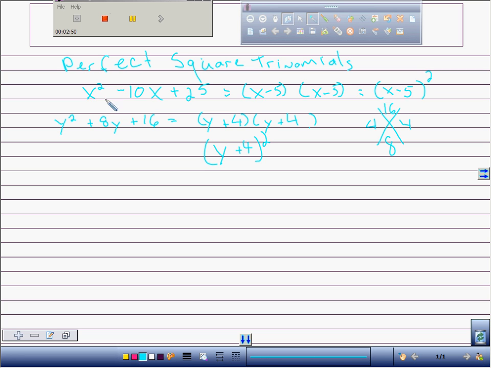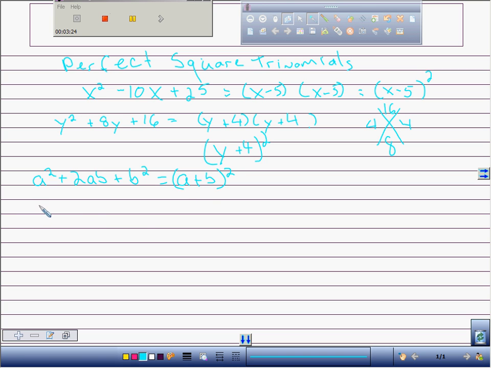Okay? So, in other words, there's a formula. It says a squared plus 2ab plus b squared equals a plus b, like this, squared.